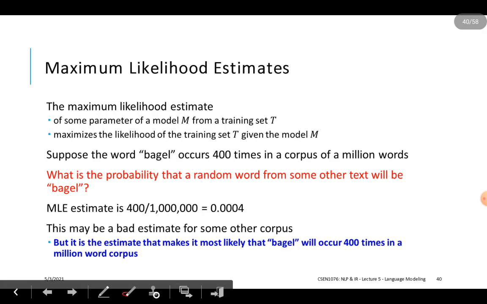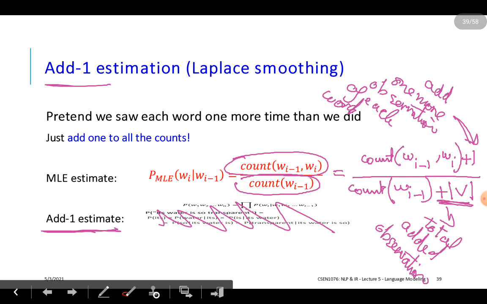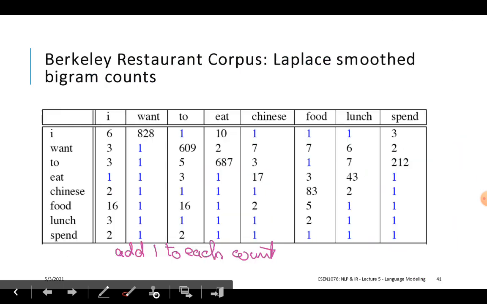As we have seen in this equation here, we add 1 to each count. This is what we have done. And you can just go back to the slide in which we had the original matrix, in order to compare that we had zeros that are now ones, and we had 827 that is now 828.